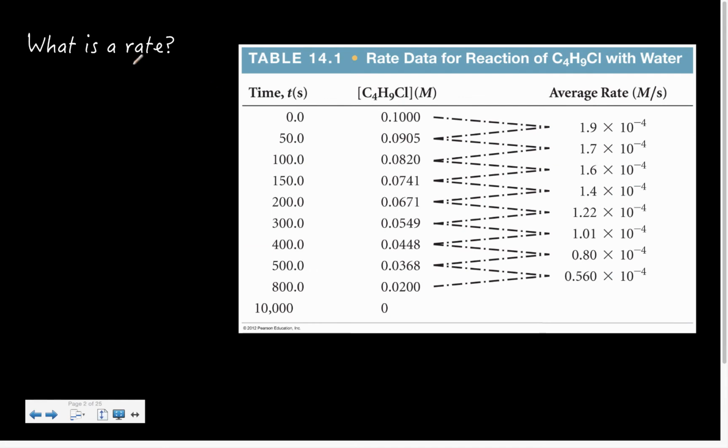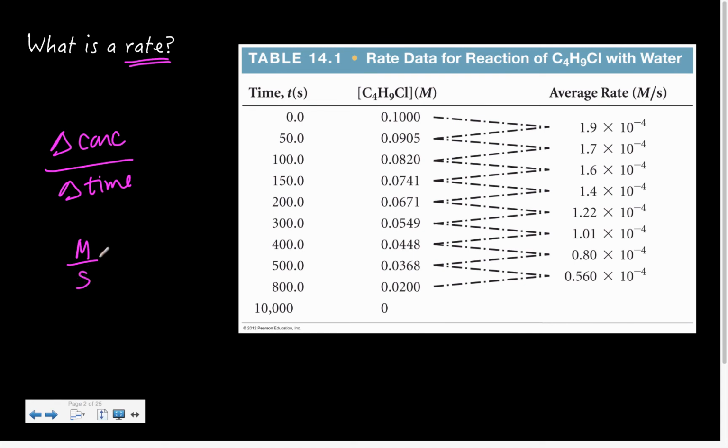Okay, so what is a rate? You guys have talked about it in math, you've talked about it in physics. But a rate is a change in something per time. In chemical kinetics, when we're talking about a chemical rate, we're talking about a change in concentration versus a change in time. For most of our purposes, that is going to be molarity per second, but it doesn't have to be.